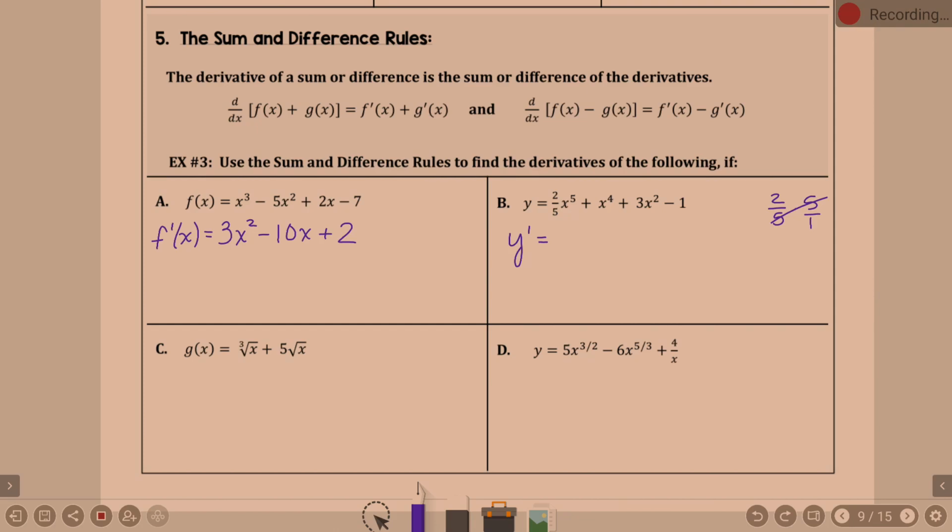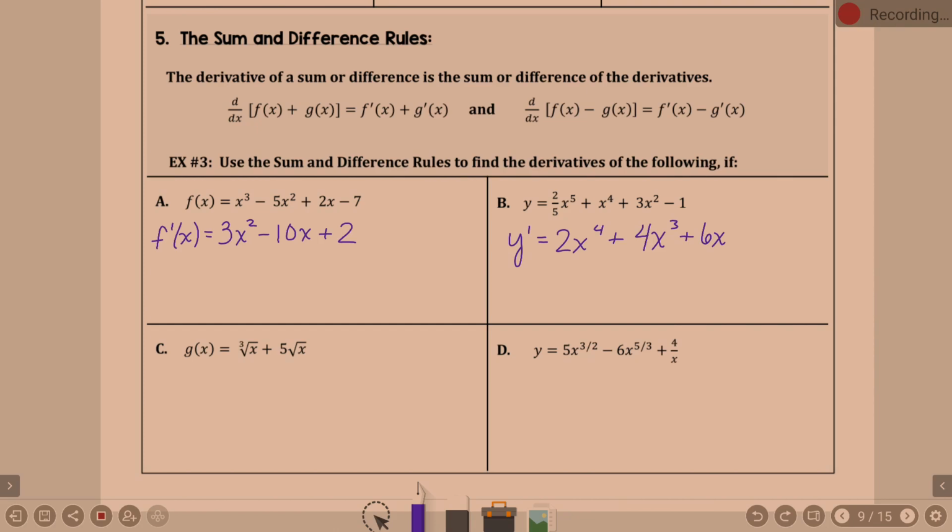So it's just going to be 2x to the 4th, plus the derivative of x to the 4th, 4x to the 3rd, plus the derivative of 3x squared, 6x, minus the derivative of 1, 0. Bye-bye. Get out. So constant terms are gone.